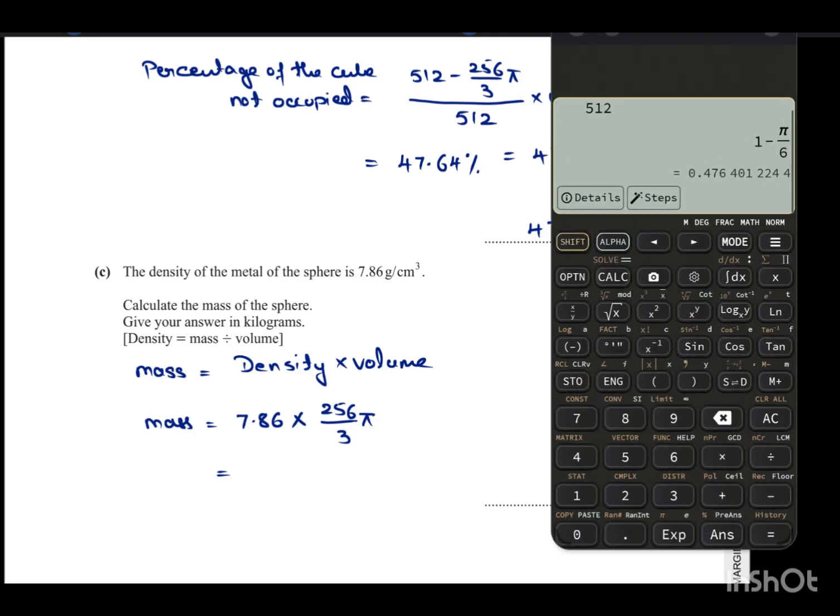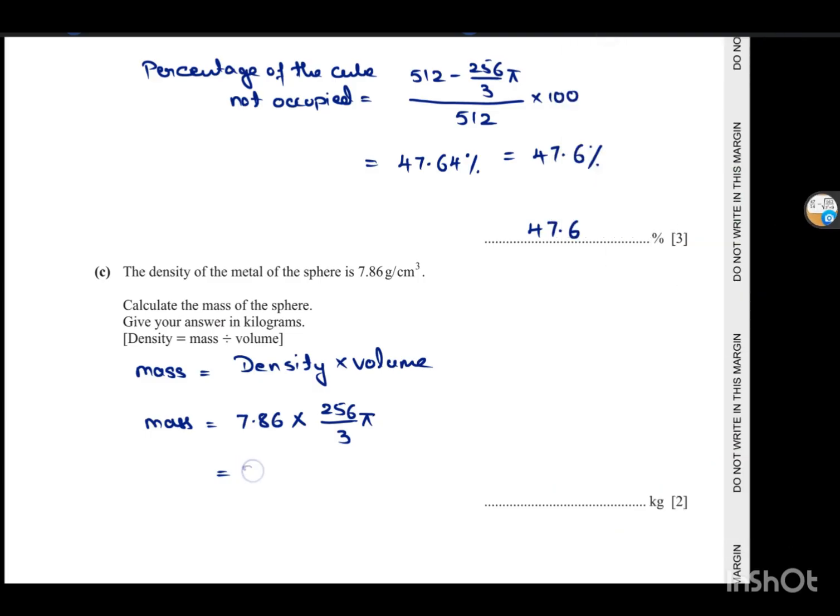Find out 7.86 into 256 pi by 3, that is equal to 2107.129 grams. But they said we need to find the answer in kilograms.